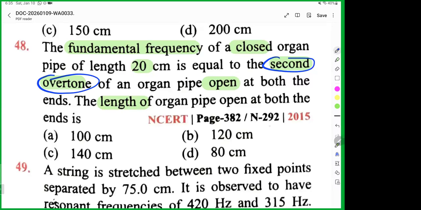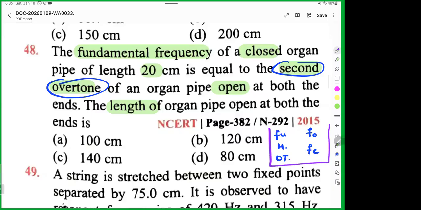You should know the meaning of fundamental frequency. You should know the meaning of harmonic. You should know the meaning of overtone. You should have the formula of the open organ pipe and the formula of the closed organ pipe. Trust me, if you know only these 5 things, you will be done. Fundamental frequency, the meaning of harmonic, the meaning of overtone, open organ pipe, closed organ pipe.